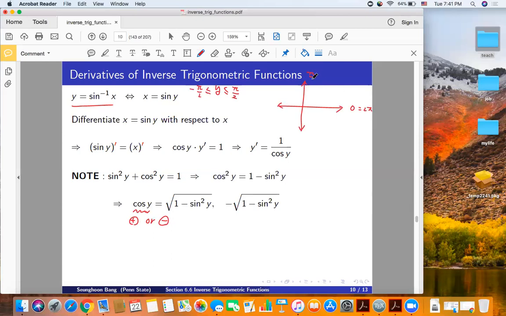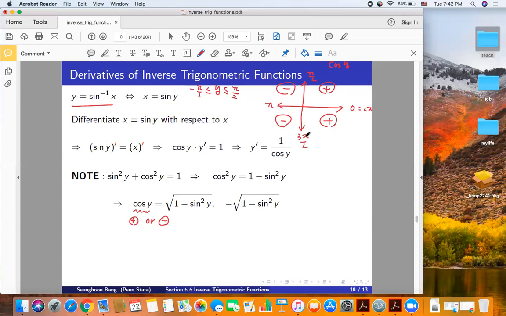This angle is pi over 2, pi, 3 pi over 2, like this. What's the cosine function like? Cosine function is positive in the first quadrant, negative in the second quadrant. The third quadrant is negative, the fourth quadrant is positive.